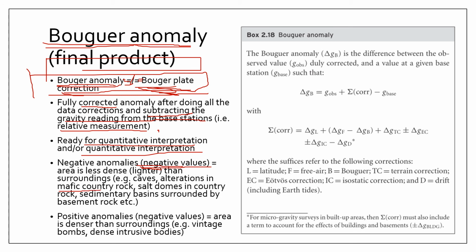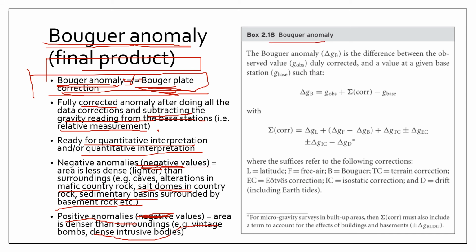Or if you have a salt dome, salt is very light, so it can register as a low density anomaly. Also, sedimentary basins are much less dense compared to basement rocks. Now, positive anomalies mean that the area is denser. So it could be buried bombs, intrusions, and so on.